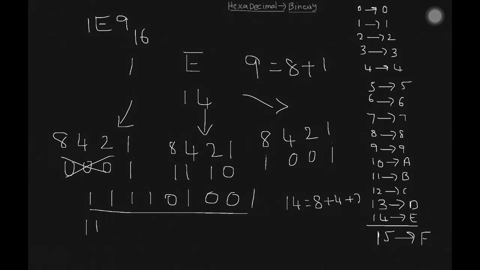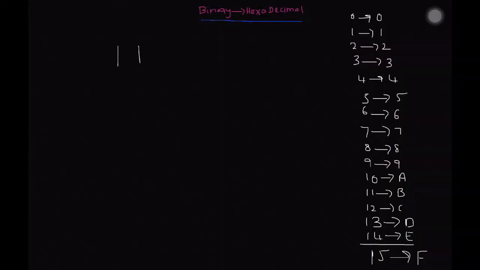Now 1E9 to the base 16 is 1, 1, 1, 1, 0, 1, 0, 0, 1 to the base 2. This is the method how to convert from hexadecimal to binary. This is the binary number.